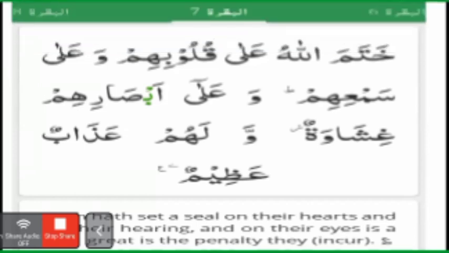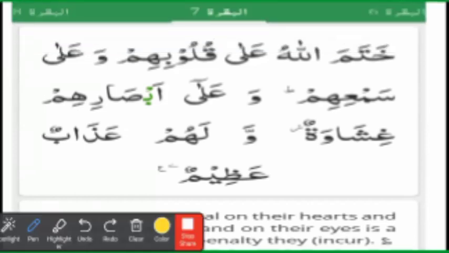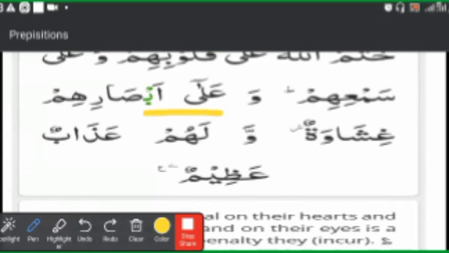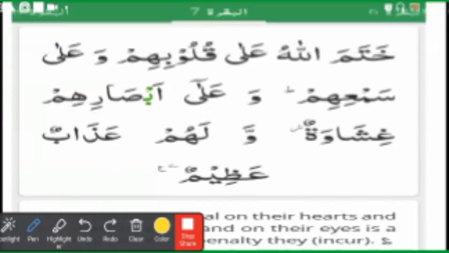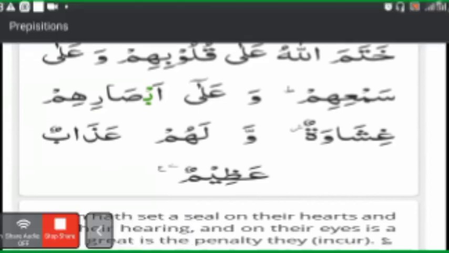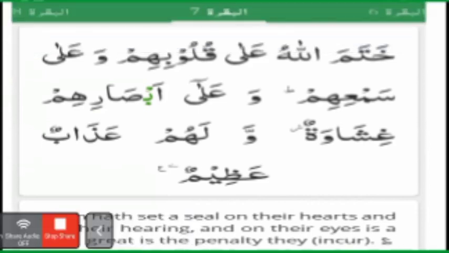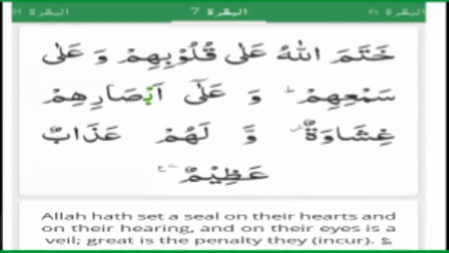Ala absarihim, on their sights or on their eyes. Ghishawa, we are not discussing Ghishawa. So ala can occur before a noun, just like here, ala qulubi or ala sam'i, or it can be with a pronoun.